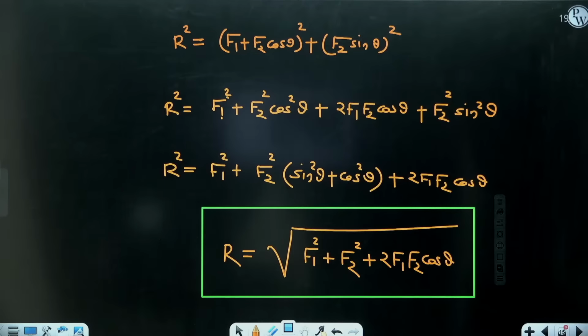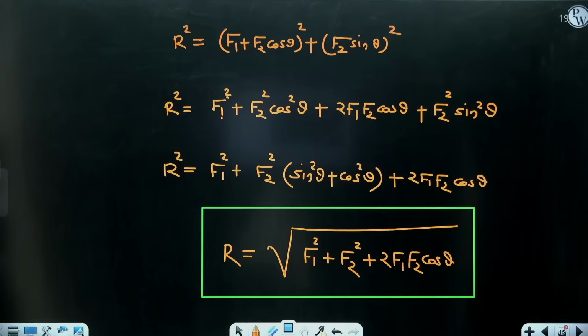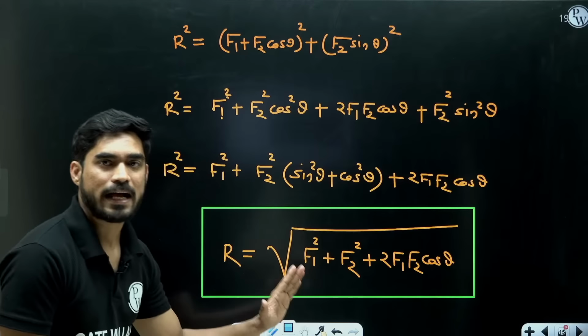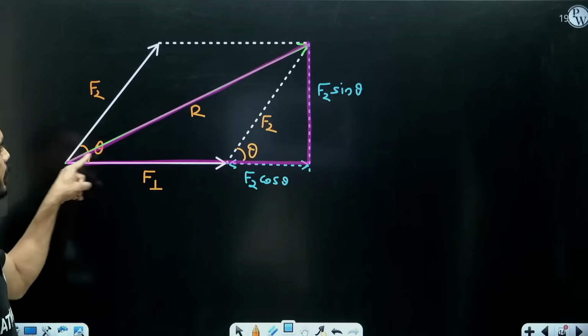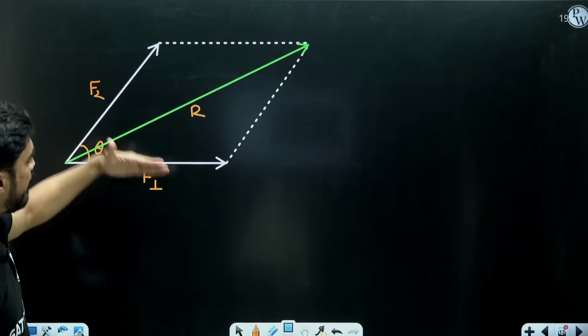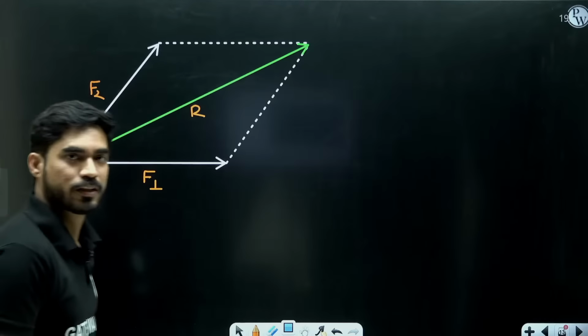R is actually root over F1 square plus F2 square plus 2 F1 F2 cos theta. Yes. So this is the direct formula of this resultant R, which is the addition of F1 and F2.